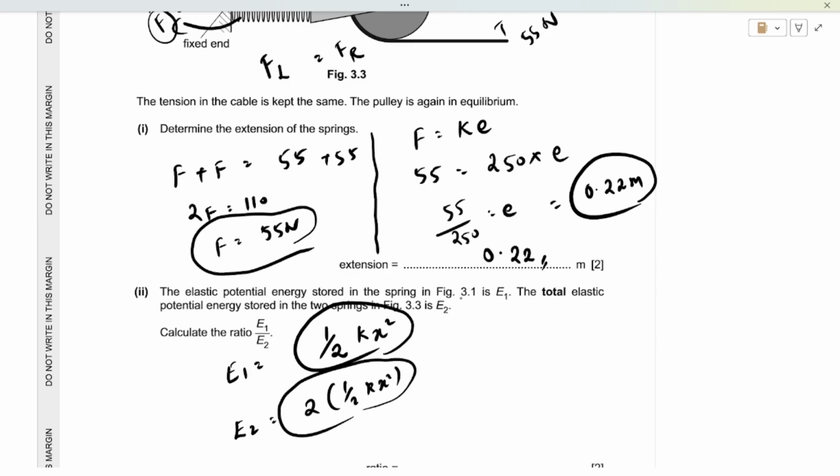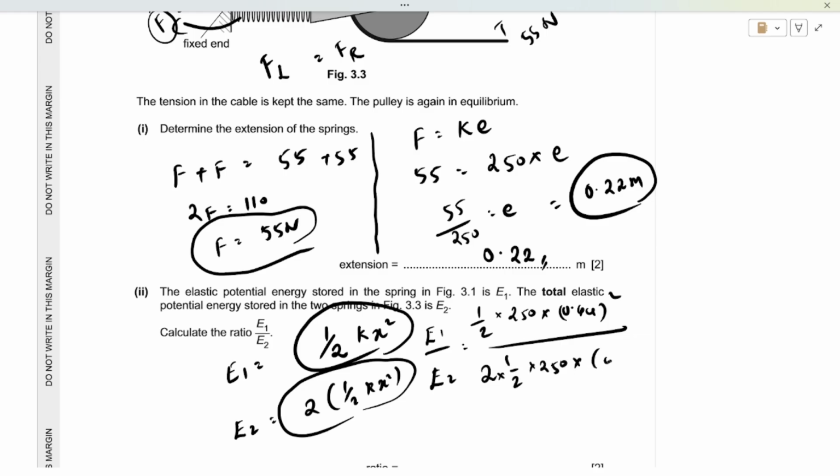We need to find the ratio E1 divided by E2, which will be equal to half, the k value is 250, into the extension for the first spring, 0.44 the whole square, divided by 2 times half into 250 into 0.22 the whole square.